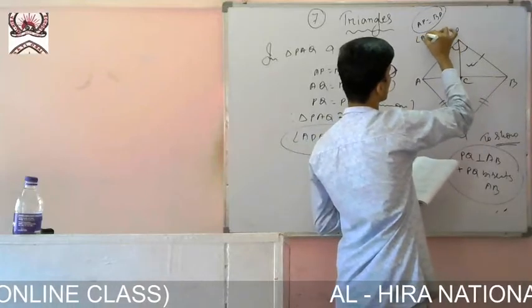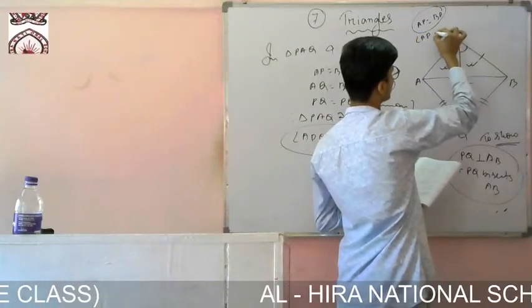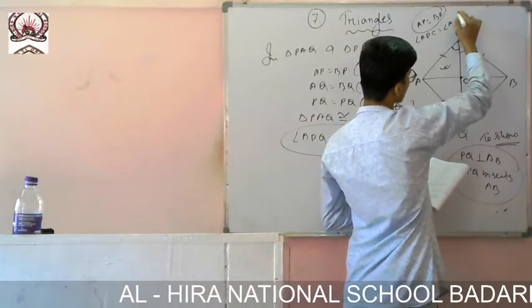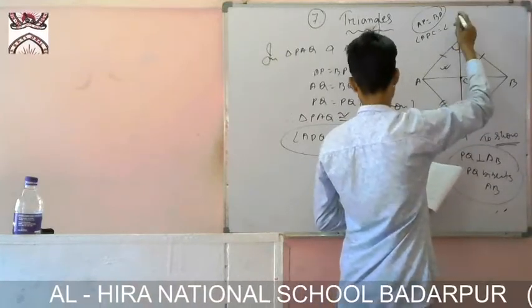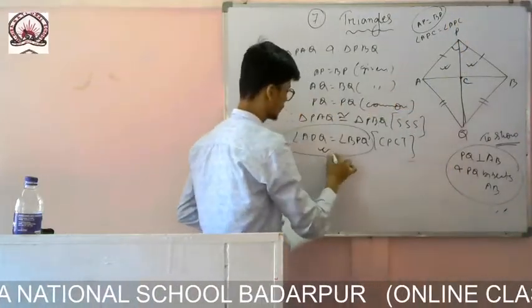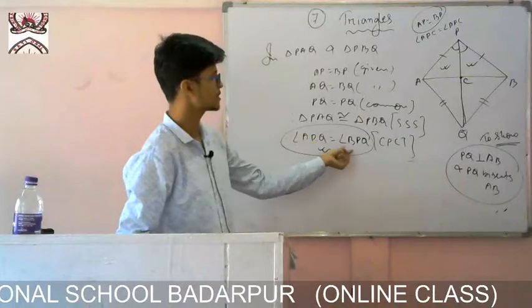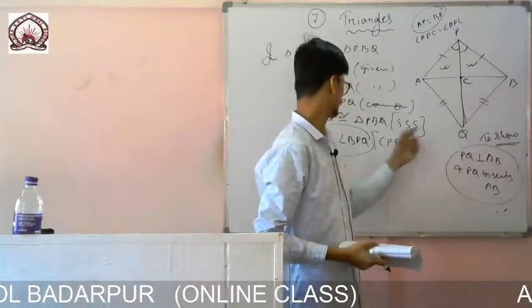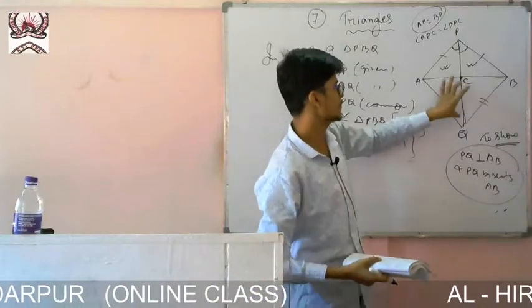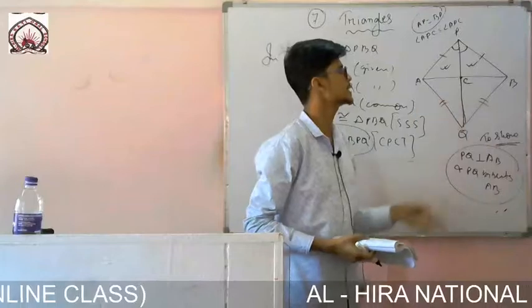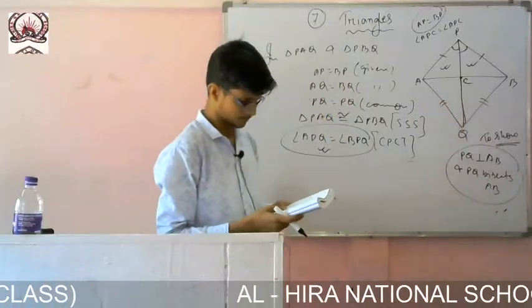So I can write angle APC will be equals to angle BPC. From which one have I written? From this one, because APQ is equals to BPQ. So if this part up to this part, the angle doesn't alter. Okay, so I can write APC equals to BPC.